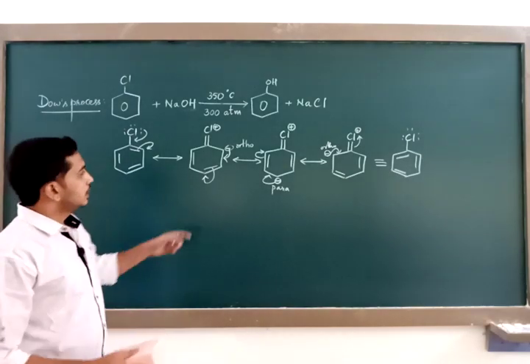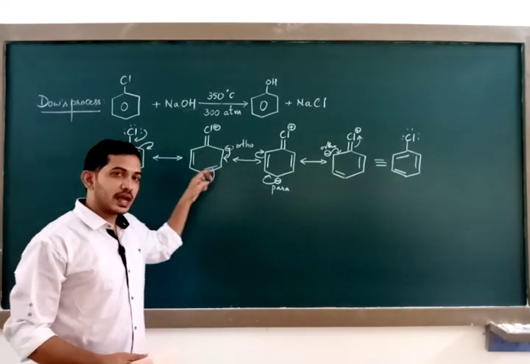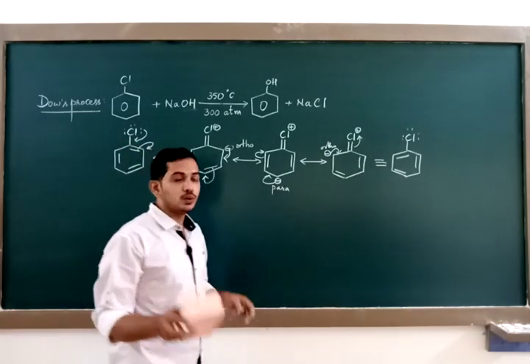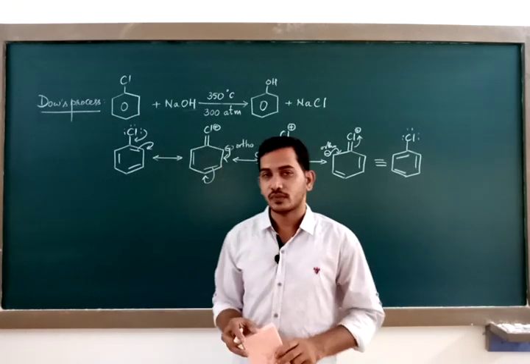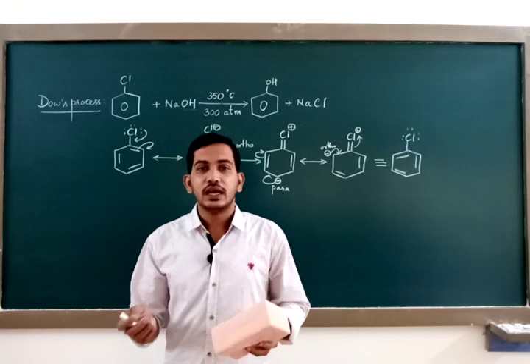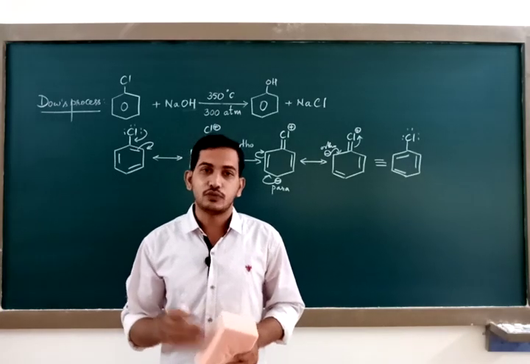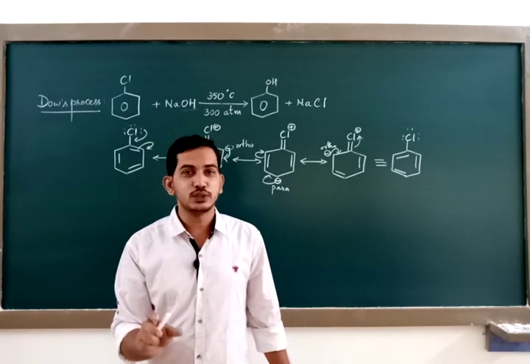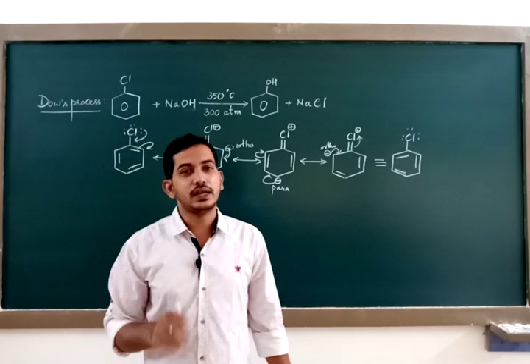Now if a nucleophile has to attack chlorobenzene, the benzene ring should become an electron deficient center. For a nucleophile to attack, the benzene ring should become deficient in electrons.